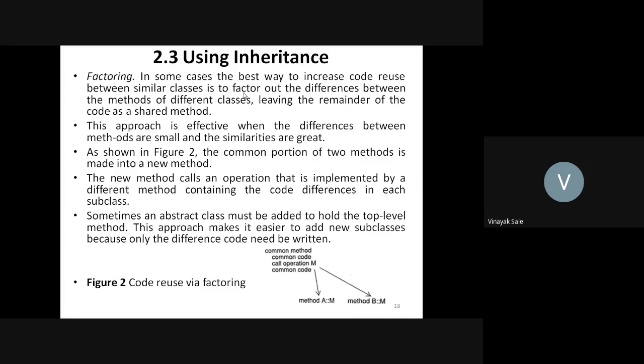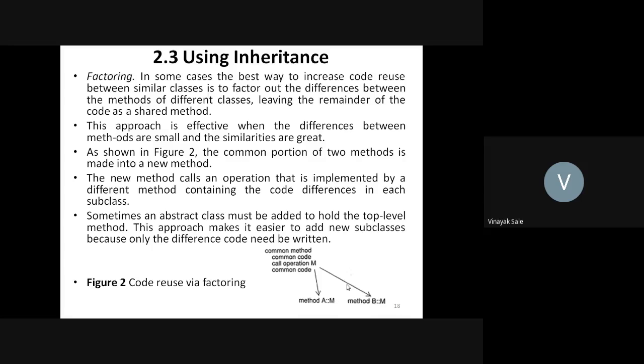As shown in figure 2, common partitions, suppose this is method A, this is method B. So the common code, call operation M, common code. Method A accesses the common method, common code or common operation. Similarly, method B also accesses the common method.